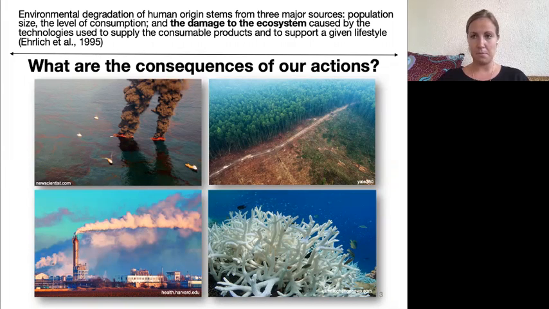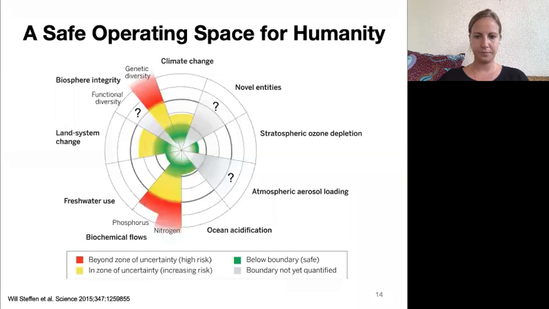This has caused massive damage to ecosystems, such as deforestation, air pollution, the bleaching of the coral reefs, and oil spills, which in turn are coming back to cause human health impacts on us.